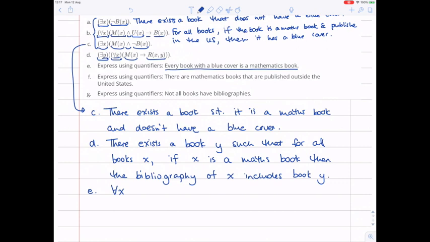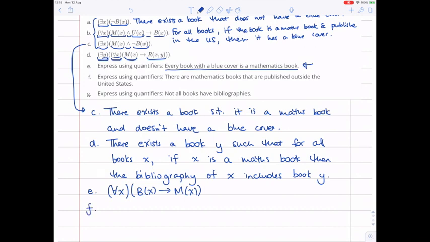Now we can rephrase this into the language that we know: for every book, if it has a blue cover, then it's a mathematics book. So getting a handle on when to translate into an if-then is quite useful.